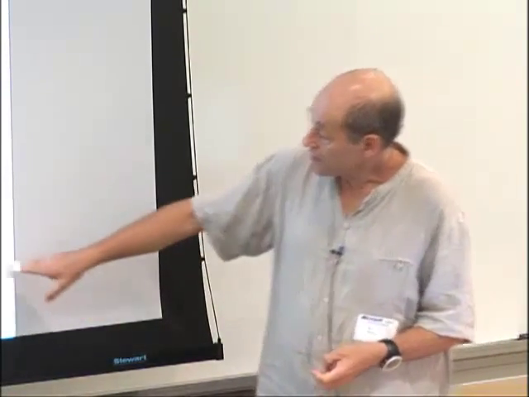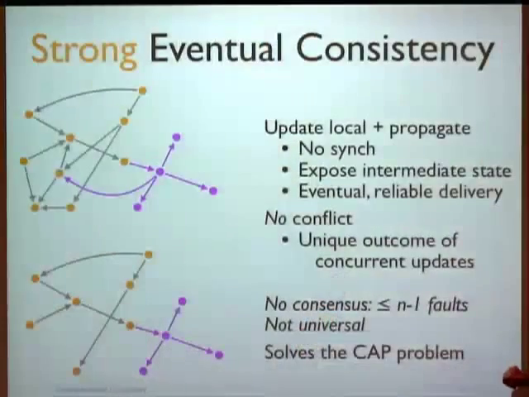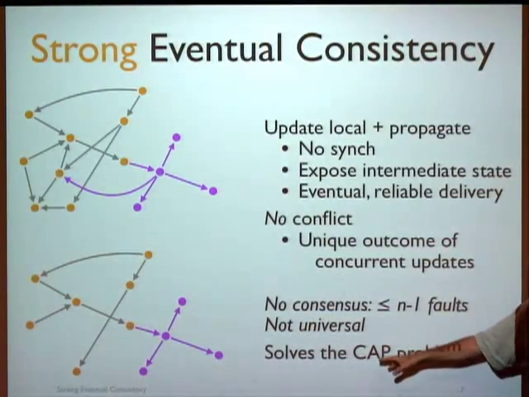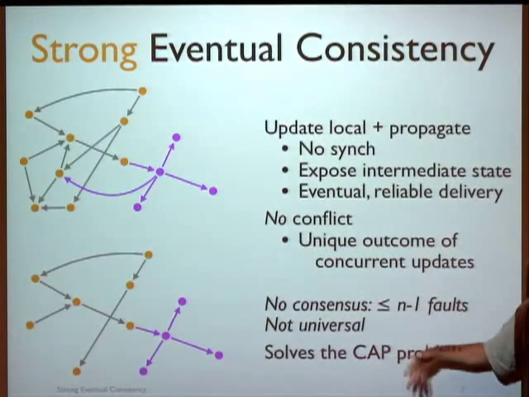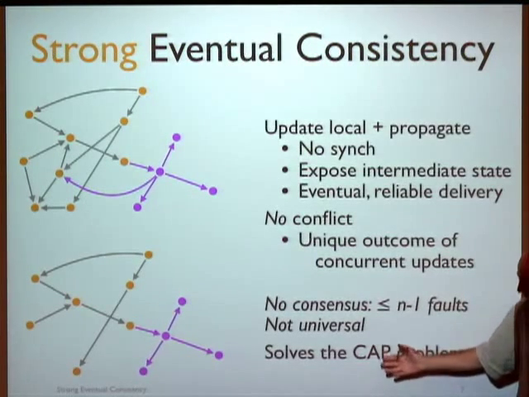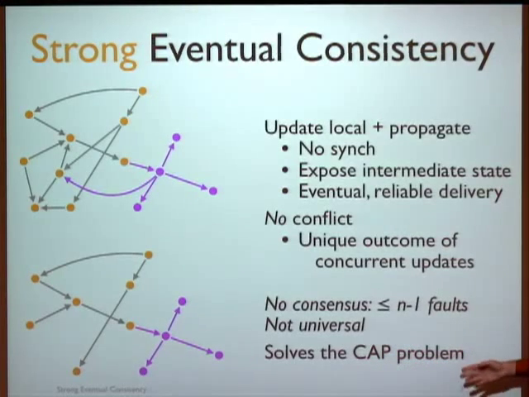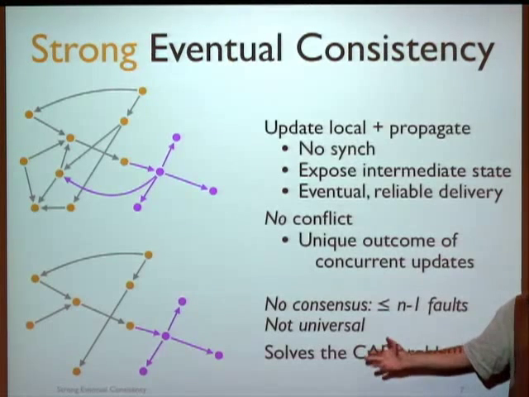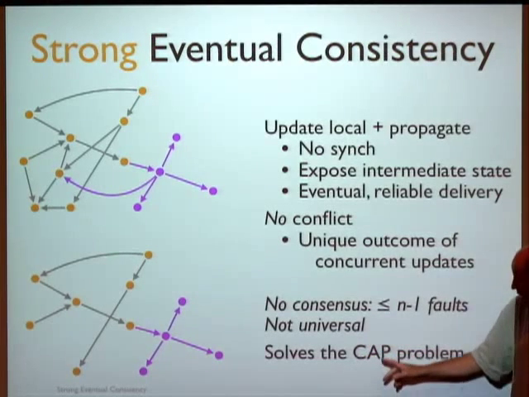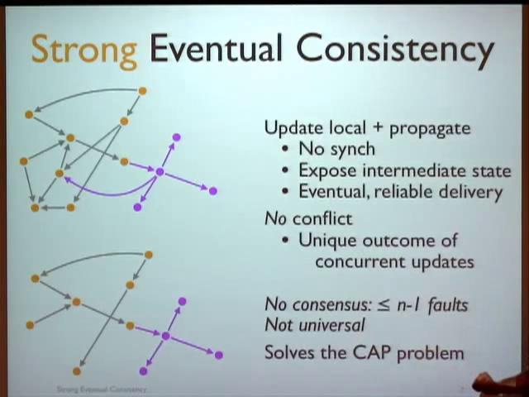Okay, so you've probably heard of the CAP problem. The CAP problem is this theorem that was uttered by Eric Brewer. It says that in a system you cannot have at the same time consistency, meaning strong consistency in this case, availability, and partition tolerance.